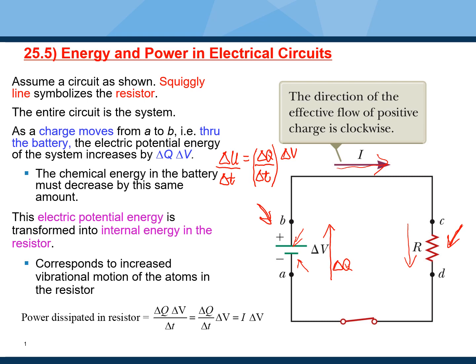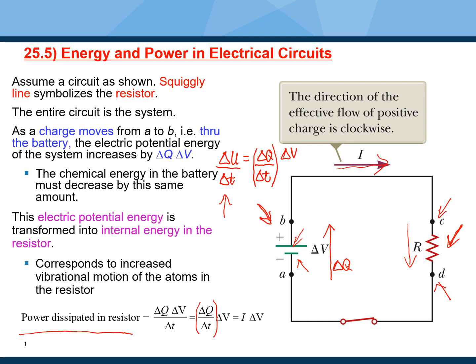So we see that we have a mechanistic model for how current flows, and we can now say that the amount of energy used up in the resistor, so the amount of power dissipated in the resistor, which is the amount of energy divided by the amount of time, delta U divided by delta t, is just equal to delta Q divided by delta t times delta V, where delta V is the same voltage as in the battery, which is across the ends of this resistor.